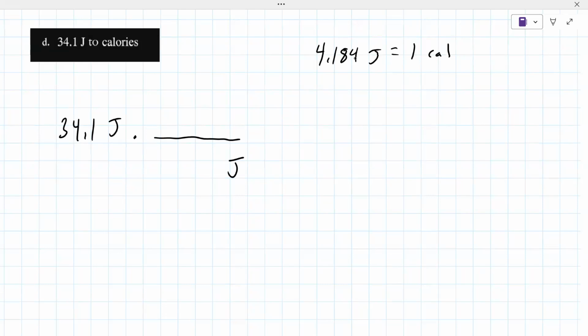Can you go directly to calories? Yes. You seem uncertain. It's the only conversion that we have: 4.184 joules is one lowercase calorie. Yeah, okay, I see now.